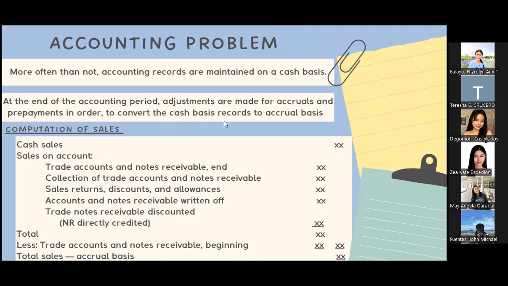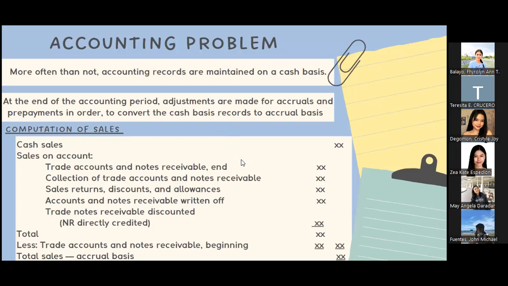Computation of sales. Cash sales plus the sales on account, trade accounts and notes receivable, and collection of trade accounts and notes receivable, sales returns, discounts and allowances, accounts and notes receivable written off, and trade notes receivable discounted. Total less trade accounts and notes receivable beginning.